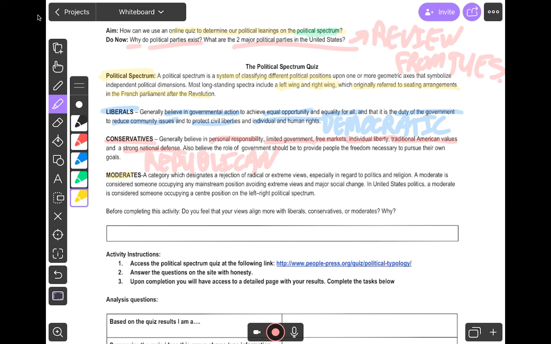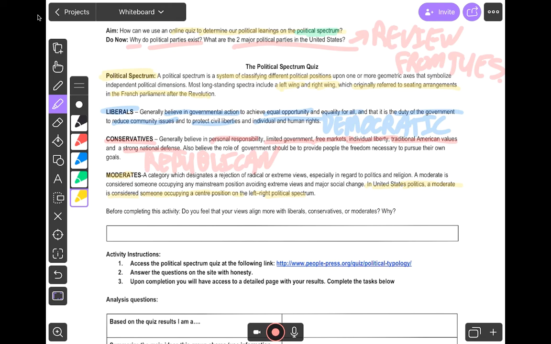So they might believe in some ideas from the left side, they might believe in some ideas from the right side, but they have more of a central position on the spectrum.